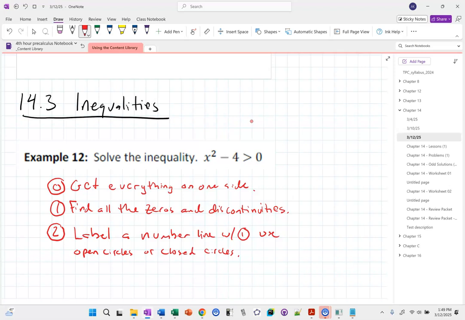We're going to use either closed circles or open circles to label those zeros and discontinuities.